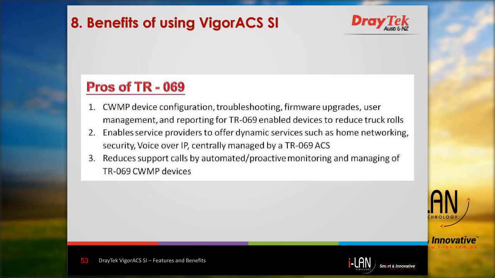These are that it provides CPE WAN management protocol, device configuration, and service providers can offer dynamic services such as home networking, etc., that are centrally managed by ACS. Also, support calls will be reduced since customer devices will be monitored. Any issues can be resolved quickly before they become a major problem.